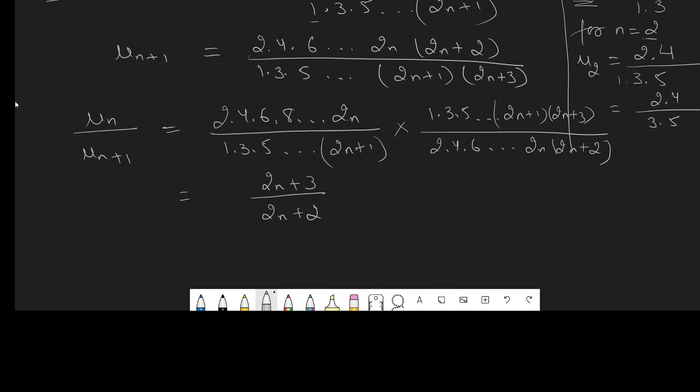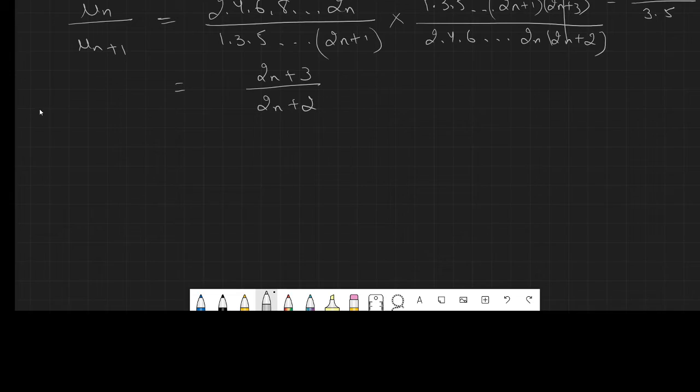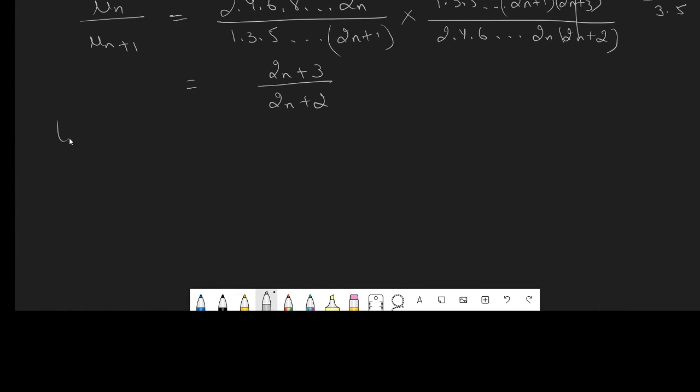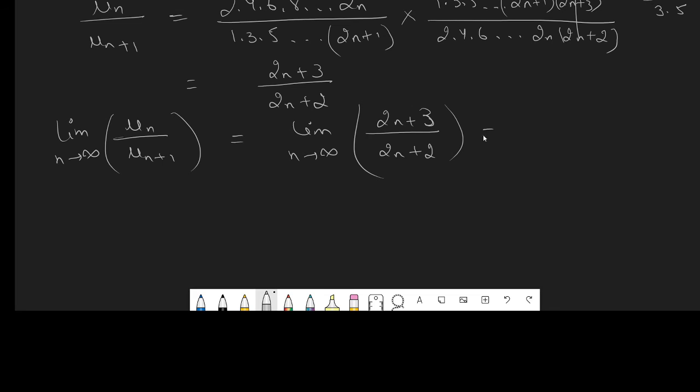Now to apply the ratio test, we have to find the limit of this term. Limit n tends to infinity un divided by un plus 1 is equal to limit n tends to infinity 2n plus 3 divided by 2n plus 2, right? If you take n common here, it will be 2 plus 3 by n divided by 2 plus 2 by n.